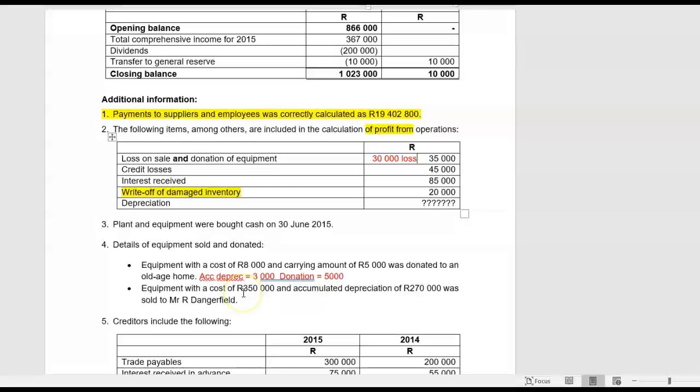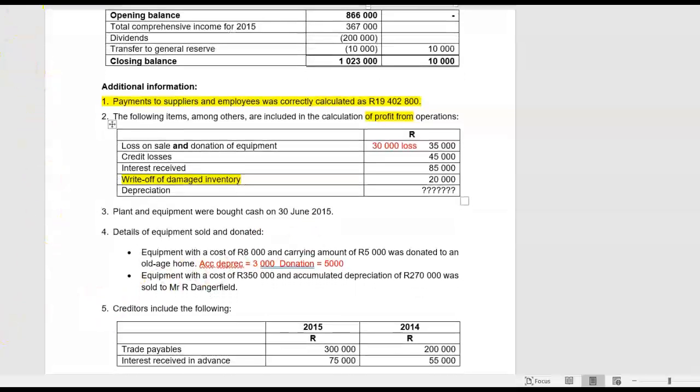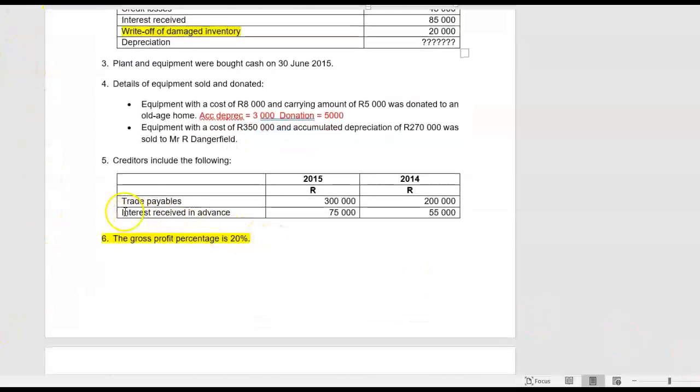Equipment with a cost of 350,000 and accumulated depreciation of 270,000 was sold to Mr. Dangerfield. So if that was the loss, then you could have added back that to arrive at the proceeds. They do not ask for the proceeds. Then creditors include the following: trade payables and then interest received in advance.